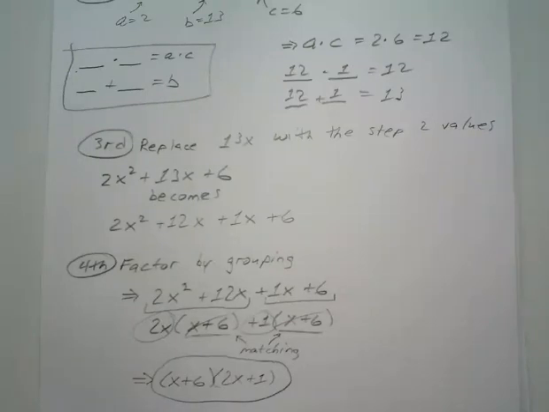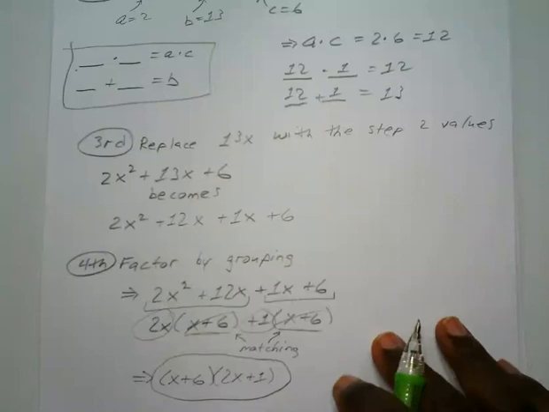Alright, so hopefully you're starting to get the process down a little bit. If you're still writing, feel free to press pause, but we're going to go ahead to our next example.